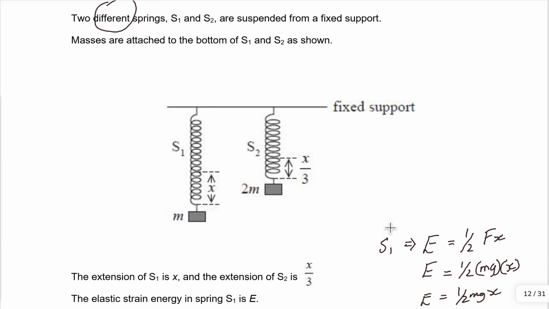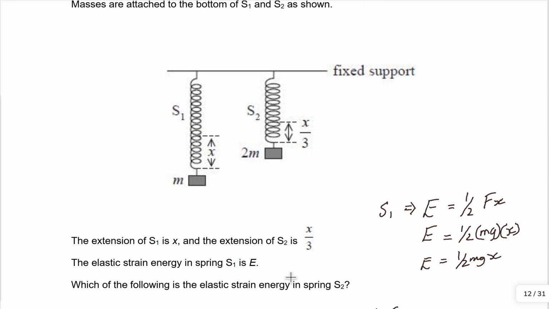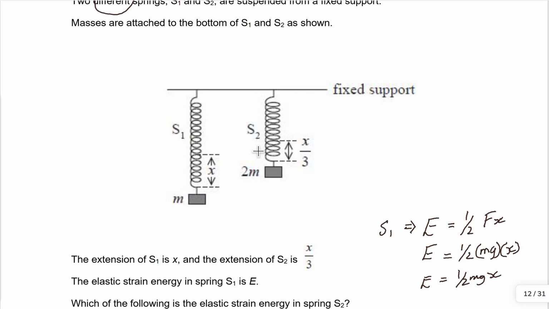Okay, and it says the extension of S1 is x and the extension of S2 is x over 3, and also it says the elastic strain energy is E for this spring. So how do we introduce that into all of this?